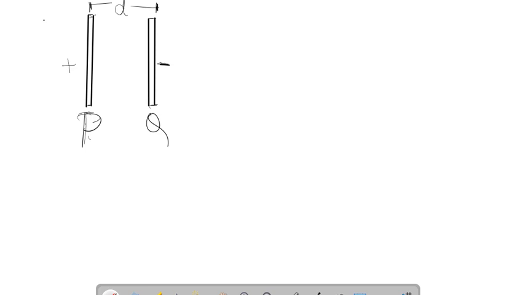So now let us introduce a dielectric slab having the thickness T between the plates of the capacitor.